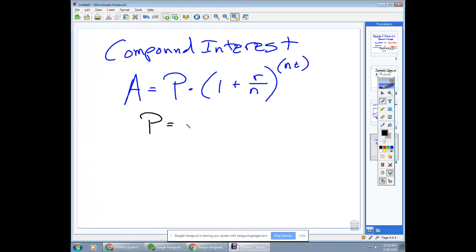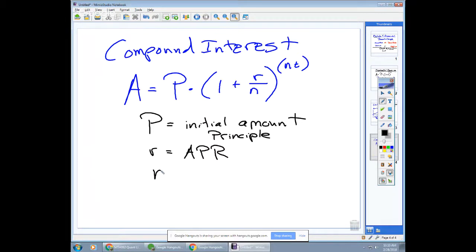P is our initial amount, often called the principal. R is our APR. N is the number of periods per year.